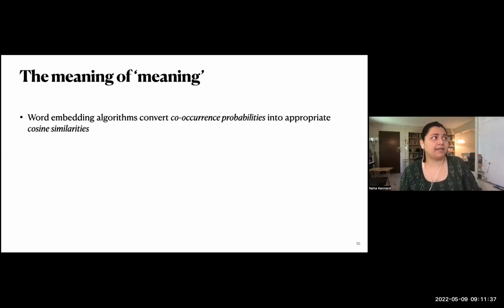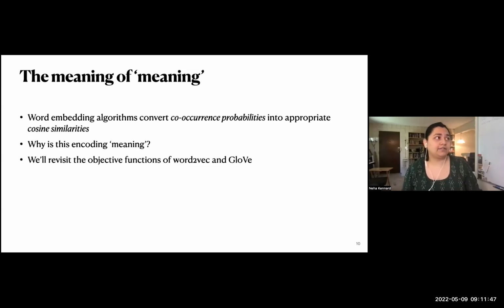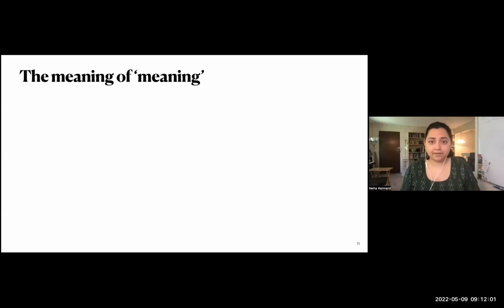What word embedding algorithms do is take co-occurrence probabilities and convert them into cosine similarities. To understand why that's encoding meaning, we're going to revisit the objective functions of Word2vec and GloVe, and we can refer back to those throughout the talk when we ask ourselves: should this work? Does this work? Why does this work? Looking back at the objective functions can always help with something like that.